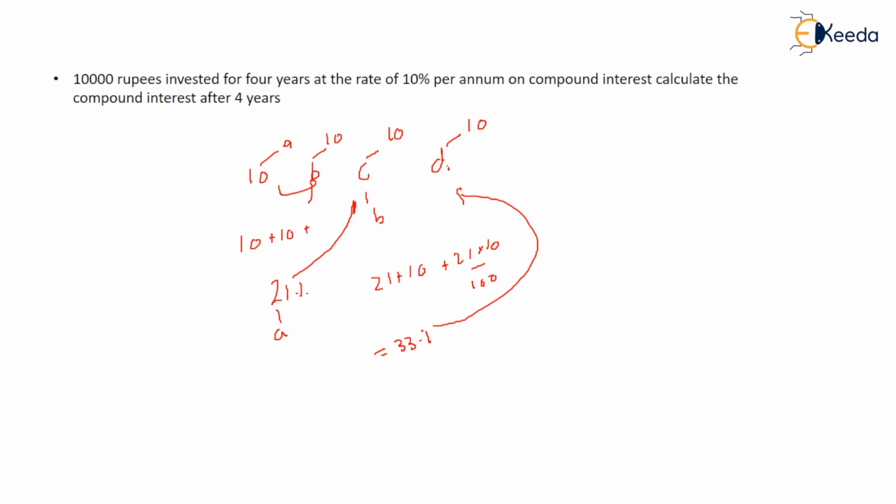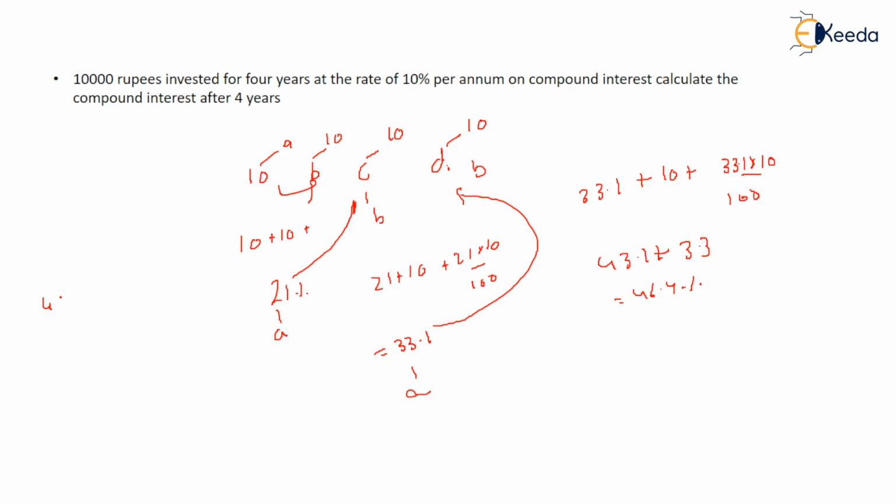And again this I have to solve with this. This becomes the new A, this becomes B. So after solving this, 33.1 plus 10 plus 33.1 into 10 upon 100, this comes out to be 43.1 plus 3.3, that is 46.4. So I have to find 46.4% of rupees 10,000.